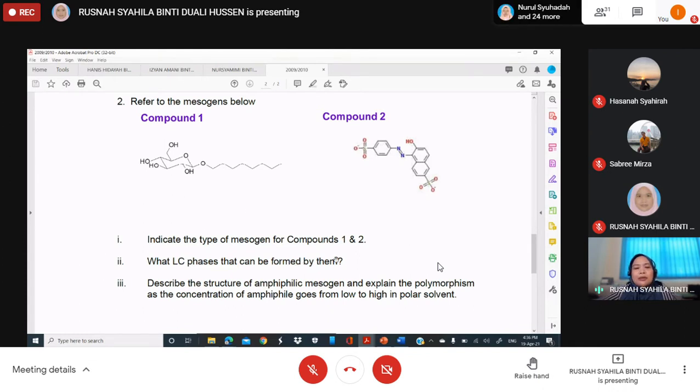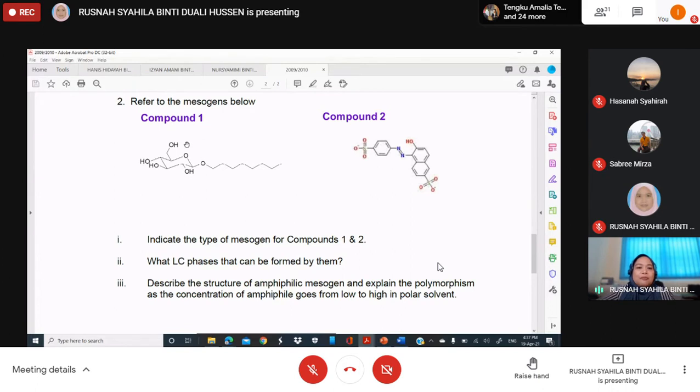Okay, so I actually saw most of you just say either lamellar and hexagonal, or higher ordered structure. Okay, so you should make it clear for compound 1, because these are two different compounds, so they also show different polymorphism.